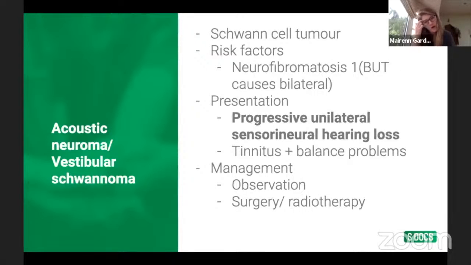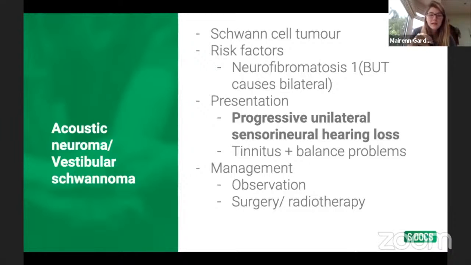Acoustic neuroma or a vestibular schwannoma is one of those things that is quite often asked about in MCQs. Obviously, it's a tumour, so it is something to be concerned about. However, what a lot of people don't appreciate with acoustic neuroma is that it's a very, very slow-growing tumour.